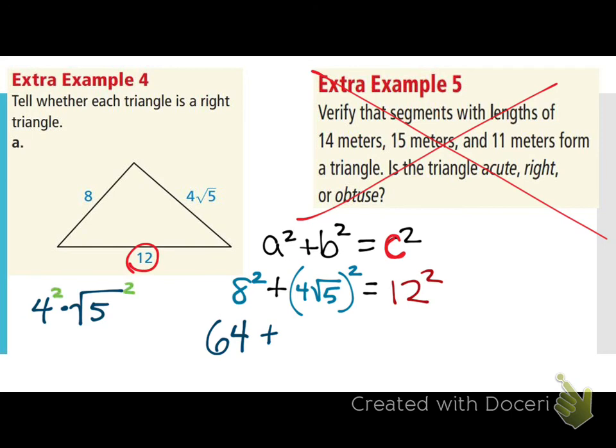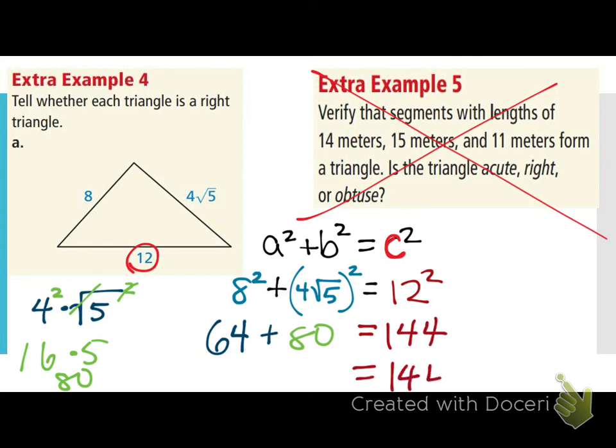We're going to square both pieces. 4 squared is 16. The square root of 5 squared is 5. 16 times 5 is 80. And then 12 squared is 144. What is 64 plus 80? 144 equals 144. Is this a right triangle? Yes, right triangle.